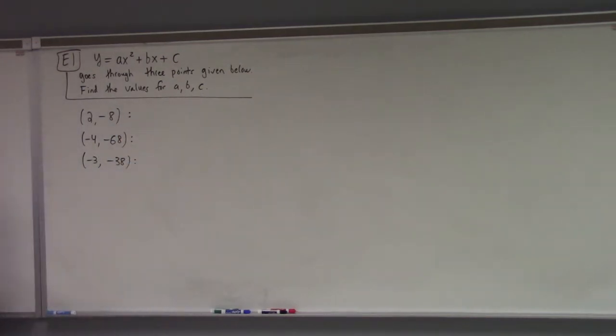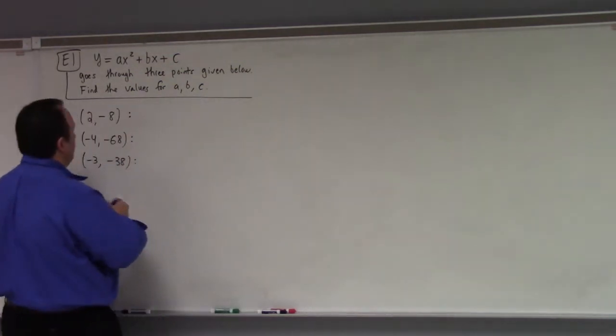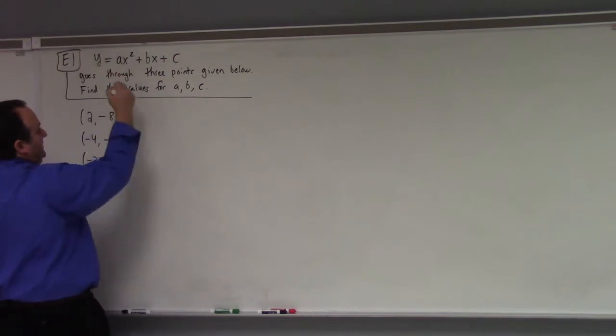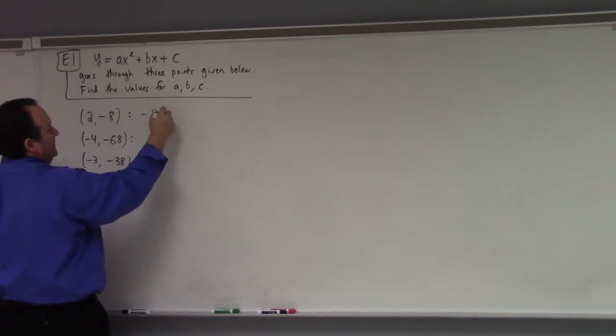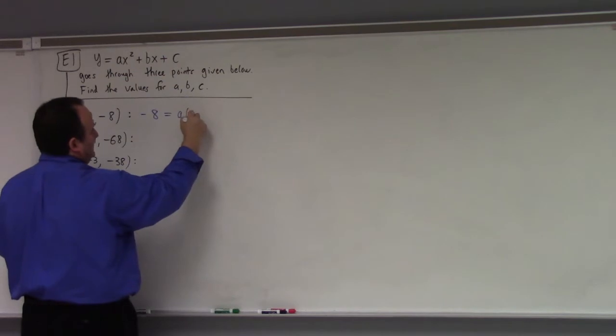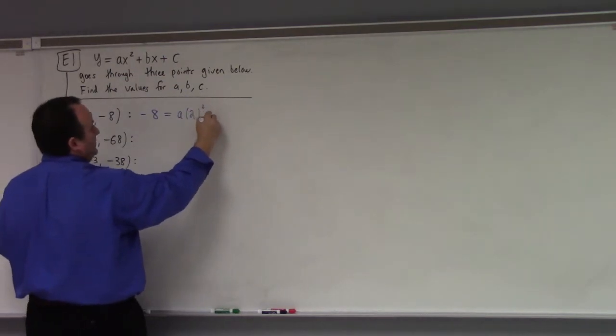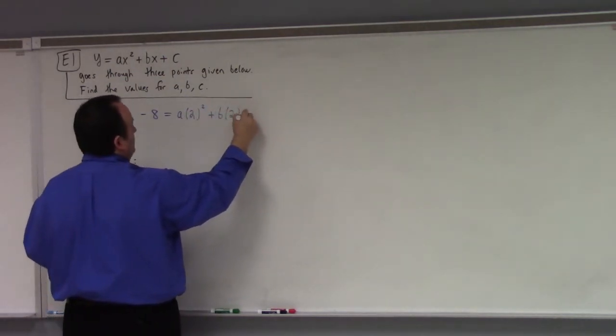What we want to do is plug those points into the formula for the parabola and see what that does for us. So you guys help me out. What's the first equation I get? The y is -8 equals a times 2 squared plus b times 2 plus c.